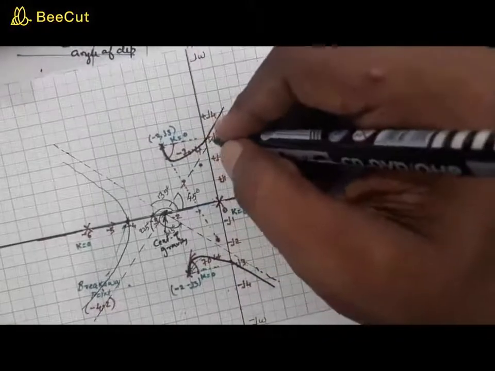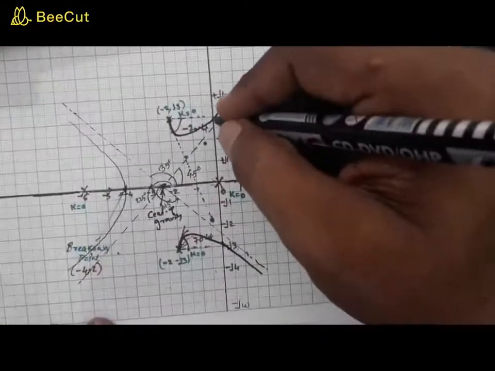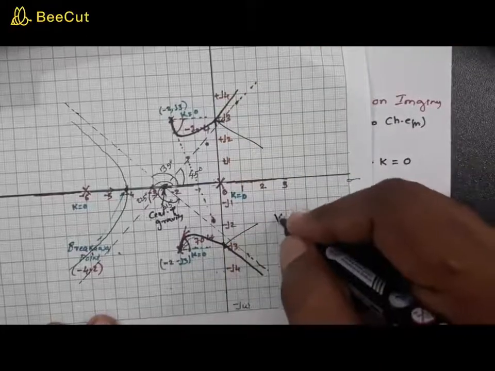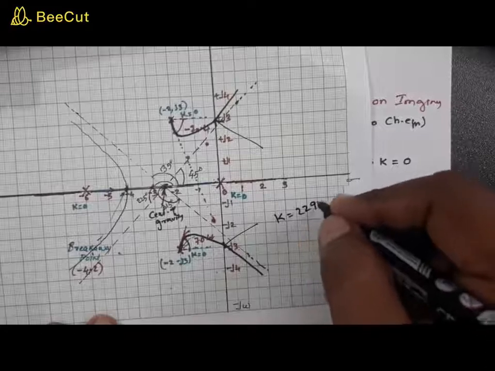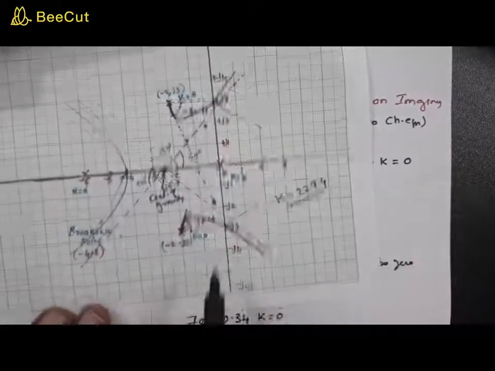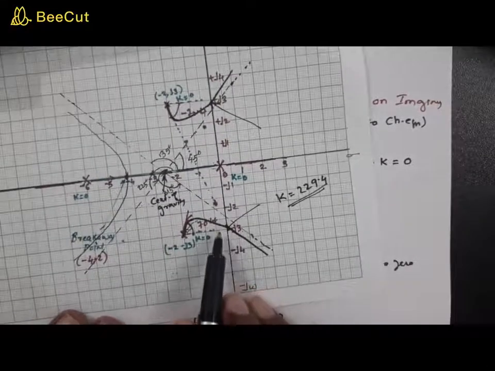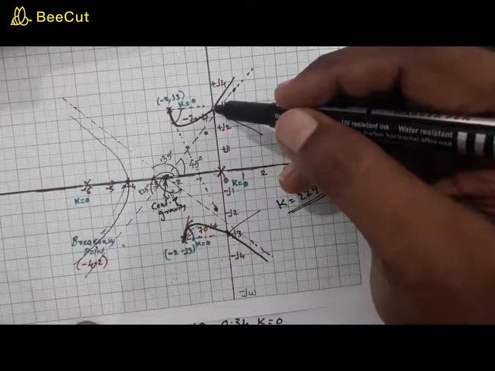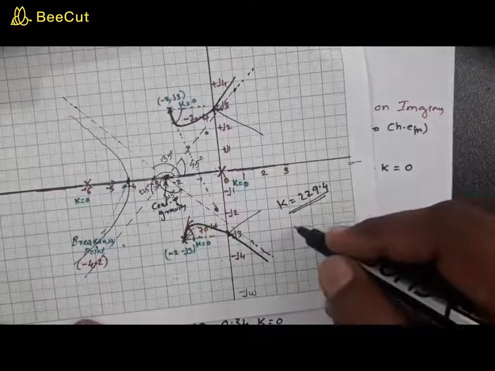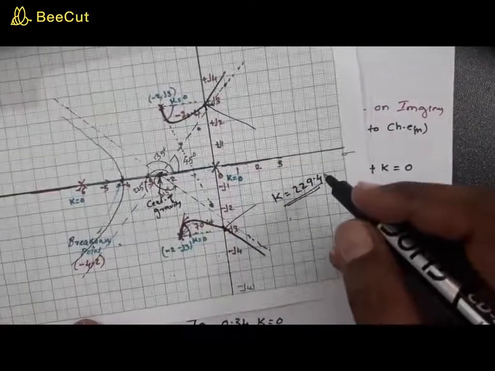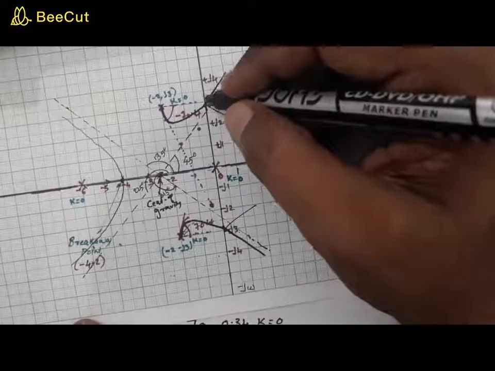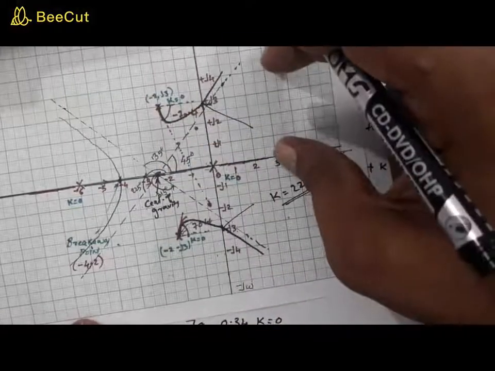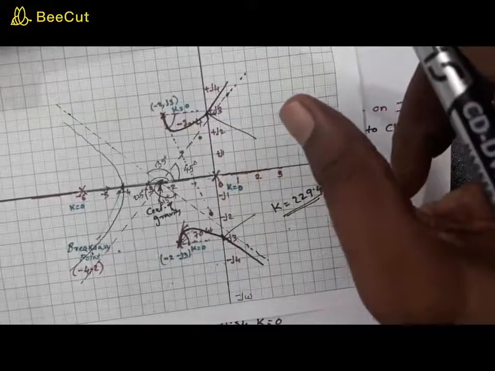So at this point, plus or minus j 2.98, what happens? That is, at k equal to 229.4, the system becomes marginally stable, or the root locus meets the intersection point. Now what happens if k becomes greater than 229.4? Then two roots will be going into the left half, proving that the system is going to be unstable.